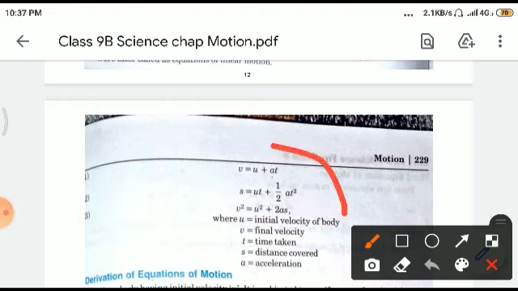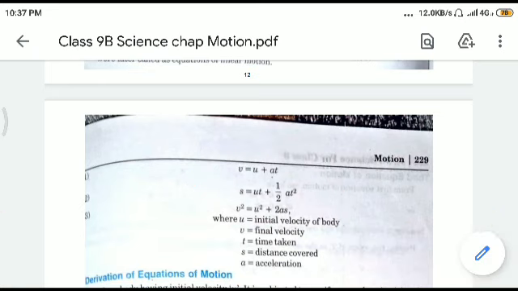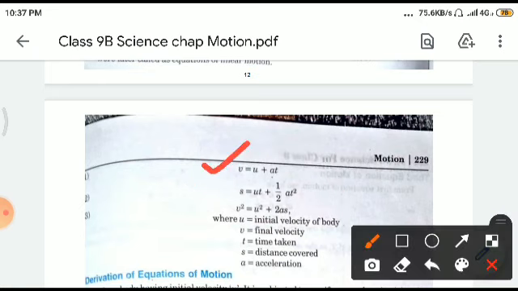I am referring to this portion. S is the distance covered, and A is the acceleration. So, now see these three formulas given here. V is equal to U plus AT, S is equal to UT plus half AT square, and V square is equal to U square plus 2AS. Now in between you will be seeing a plus sign.